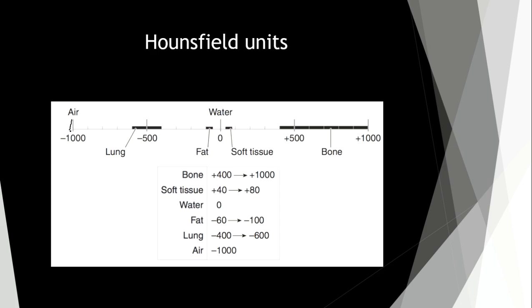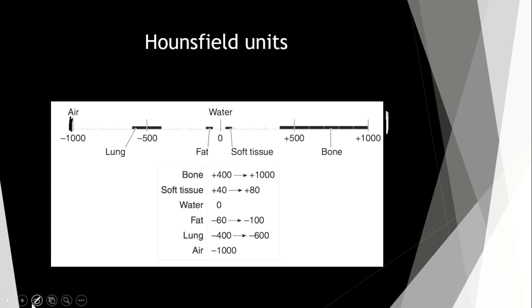We have absolute black color at minus 1000 Hounsfield units, and at plus 1000 units we have absolute white color.